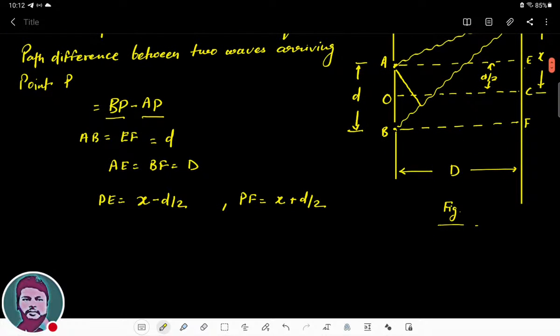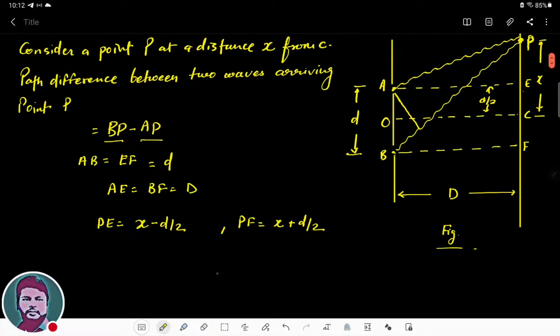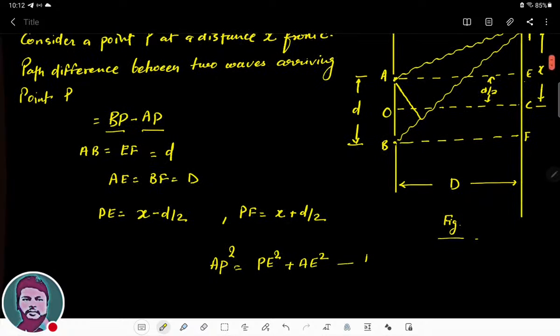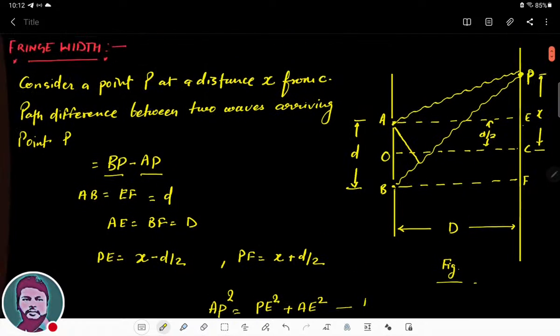Let's write down AP. What is AP? According to Pythagoras theorem, AP square is equal to PE square plus AE square. This is the Pythagoras theorem, and we have to calculate the value of AP.